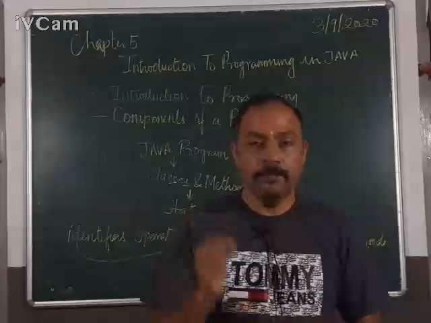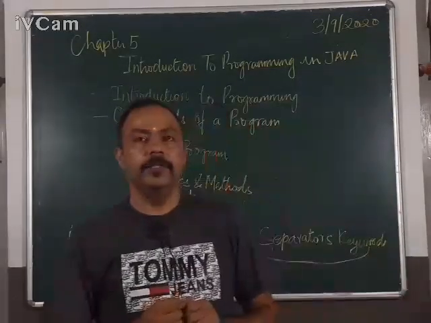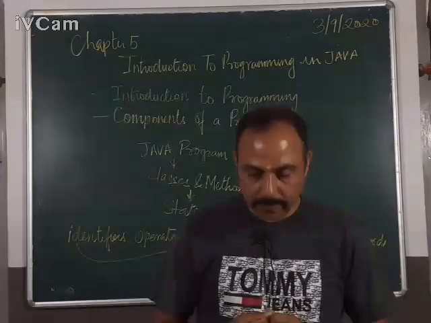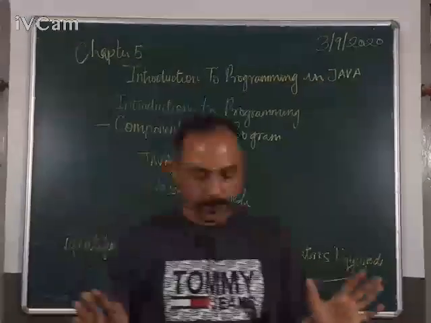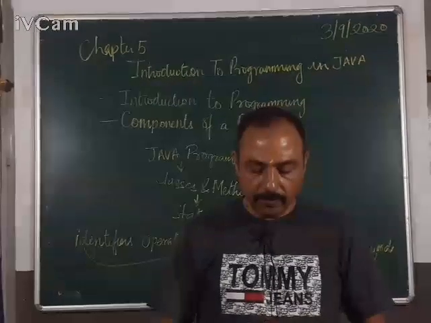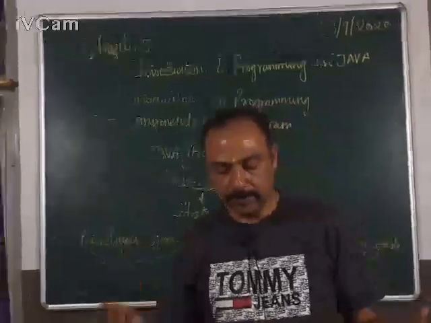Okay, so you just need to understand that the token is the smallest unit. A statement can be made up of identifiers, operators, literals and separators.